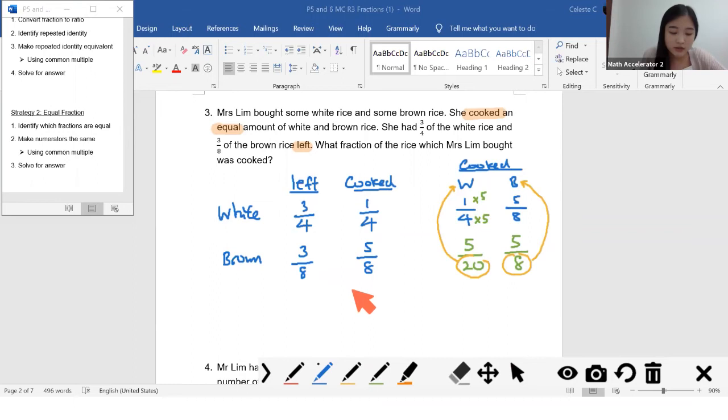Okay, so the question is asking you for the fraction of rice that she bought that was cooked. So the total amount of rice, you add up white and brown first. 28 units. Right, how about the amount that is cooked?